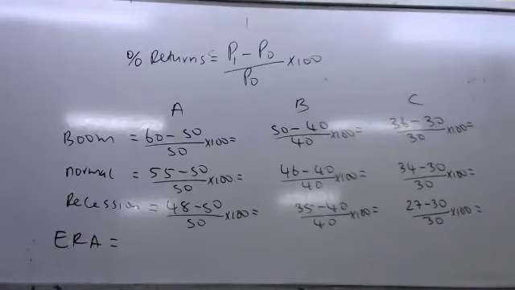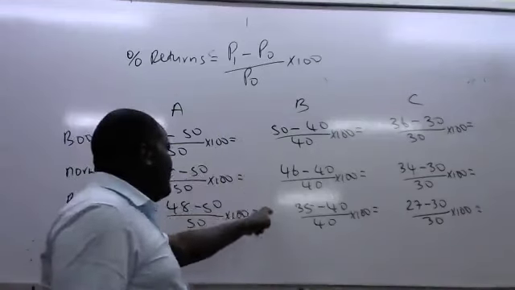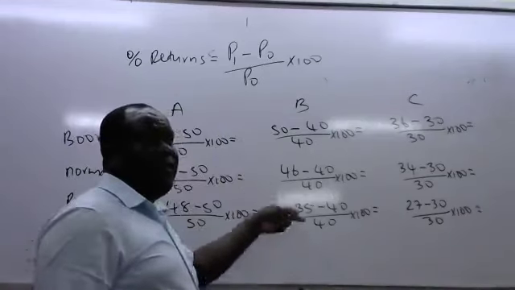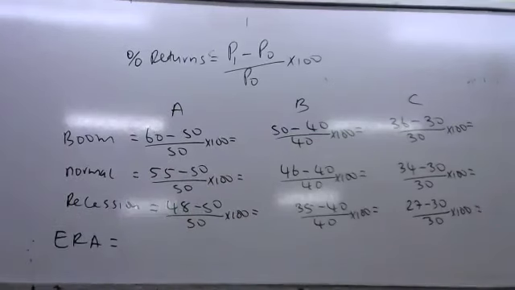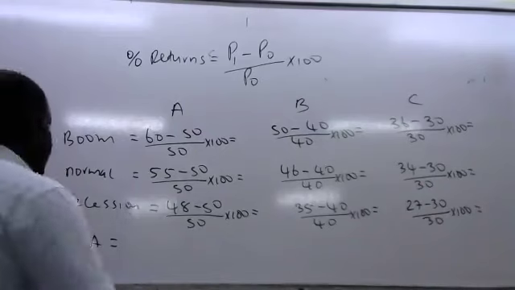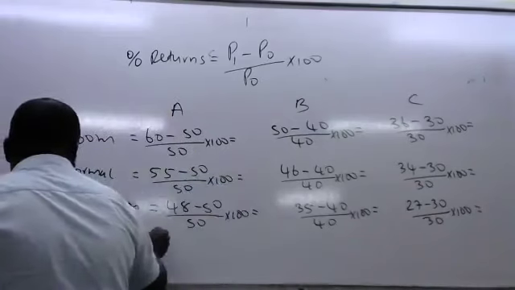So to get the expected return for A, we take each return of A, multiply by the probability, then you add them together. So that first return for A, this one has given you which percent? So you take 20.